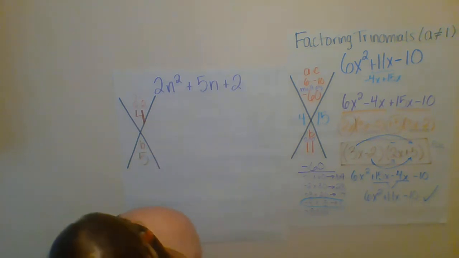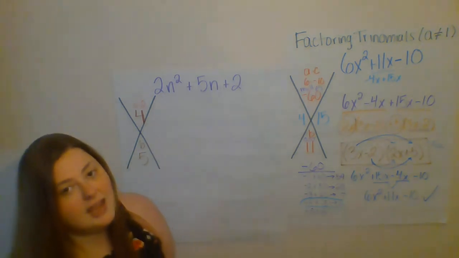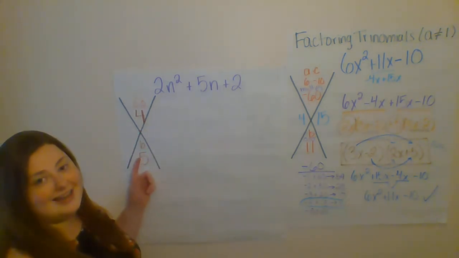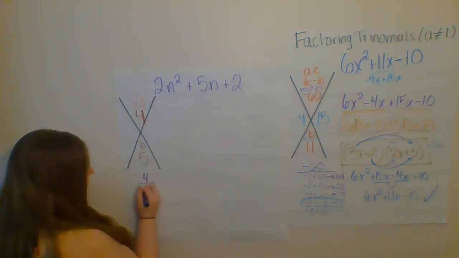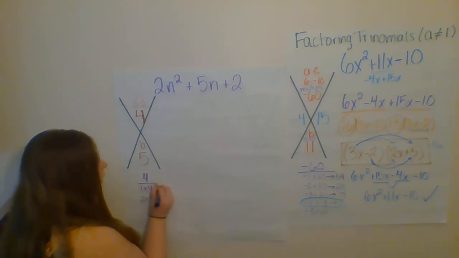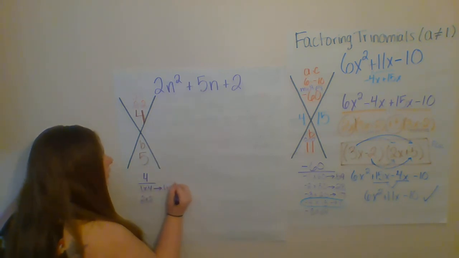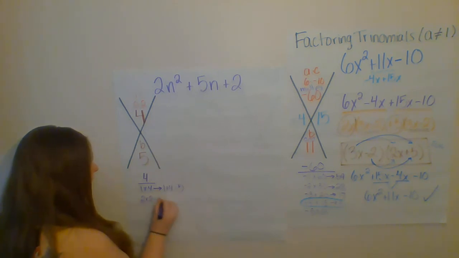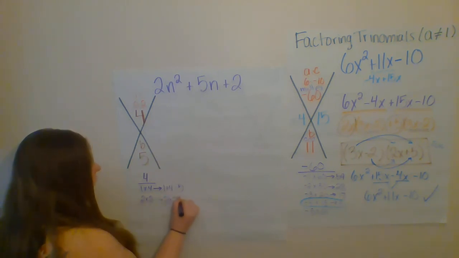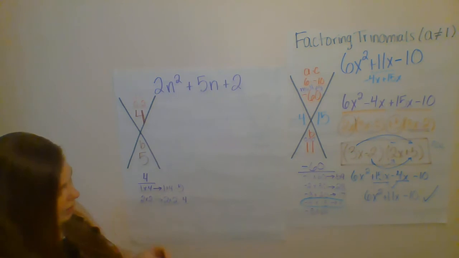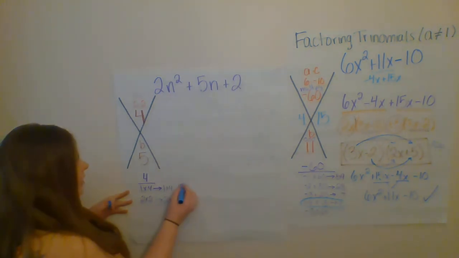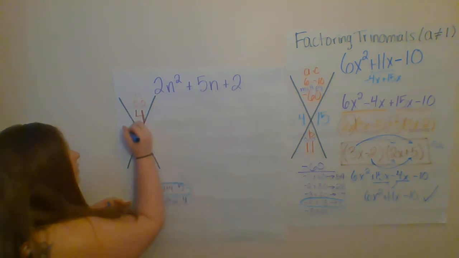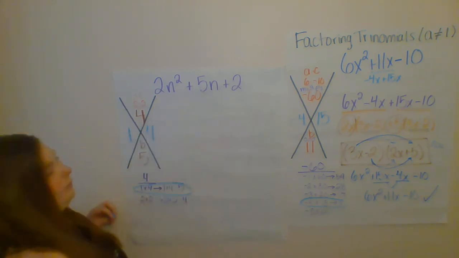So now we need two numbers that will multiply to give us 4 and add to give us 5. So let's look at some multiples of 4. We have 1 times 4, and we have 2 times 2. 1 plus 4 is 5, and 2 plus 2 is 4. So from this, we can get that the 1 and the 4 are going to be the terms that we need.